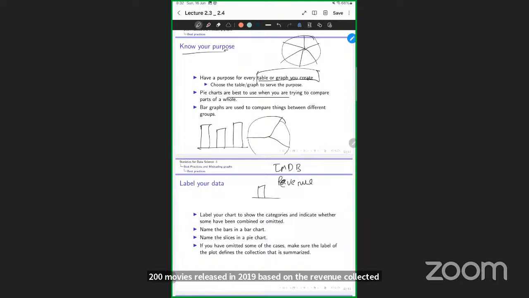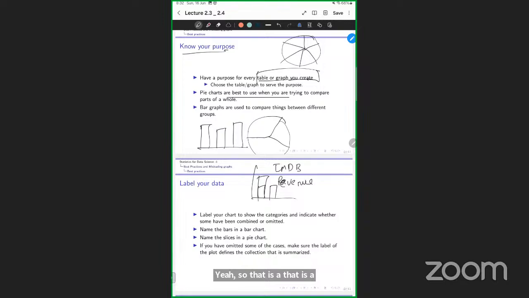The only point which tells you it's a Pareto is the ranking. How will you do ranking in a bar chart? The movie that has maximum revenue will come on the first bar, like that. So that is a Pareto chart.